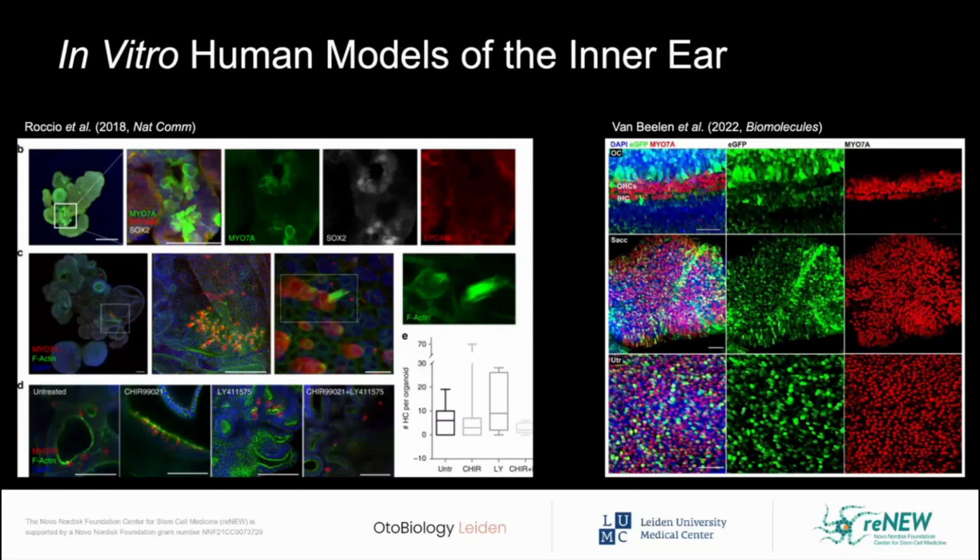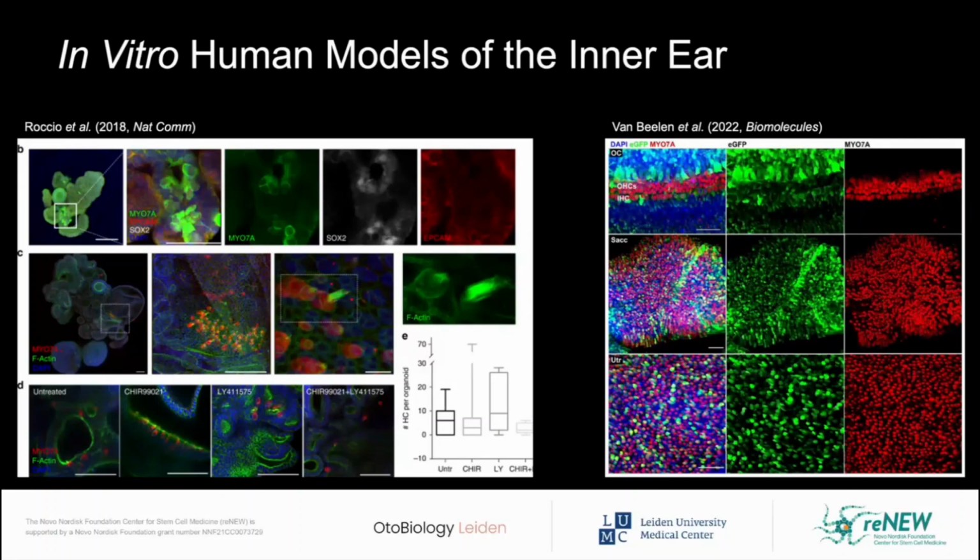They form sphere-like structures, and by providing the right medium and also some mesenchymal cells, they develop hair cells. So this is a human inner ear model in a dish. But it's not really high throughput because you need this fetal inner ear tissue.